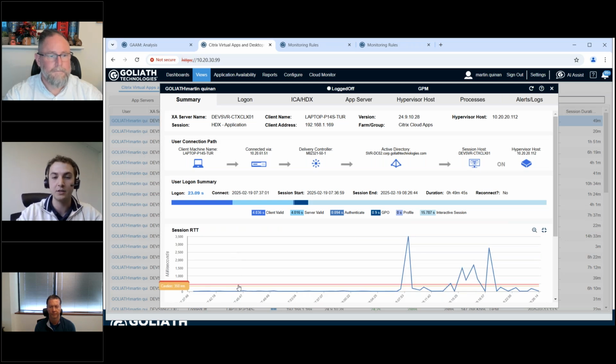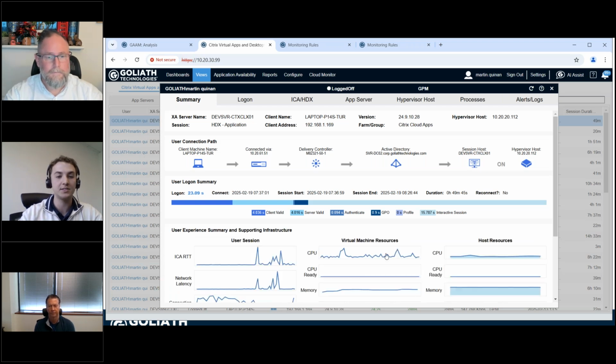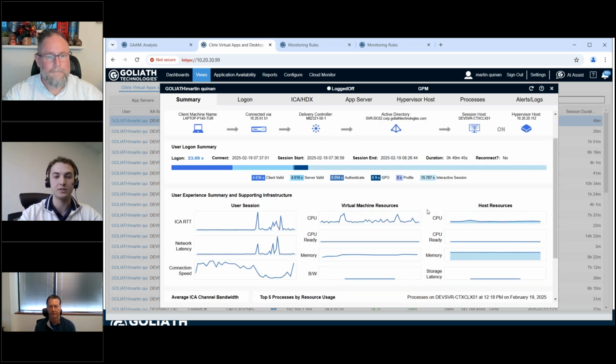With comparison against industry best practices, with those cautionary and critical threshold lines, we can understand exactly when and where in a session a user is having an issue, and then quickly glance and understand that right around that same time, due to the correlated data that we have here to the exact time frame of the user's session, we can track this issue toward the network and quickly reference things like the server performance and underlying infrastructure to identify whether or not that is contributing to an issue for this user.